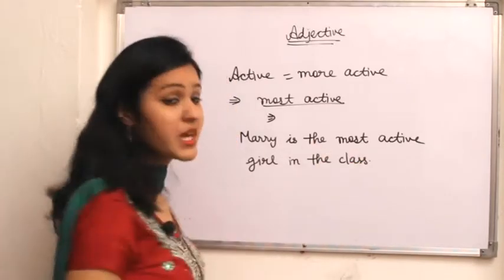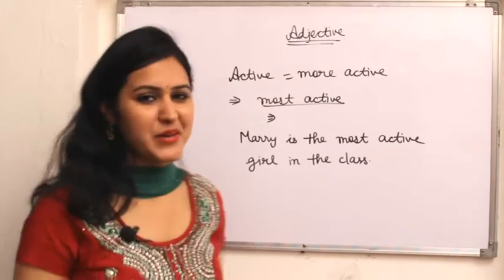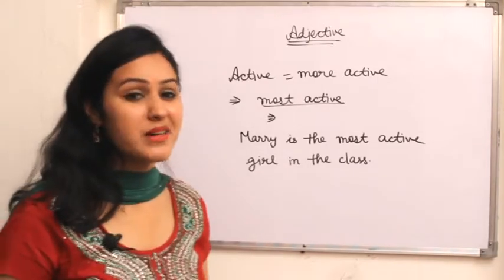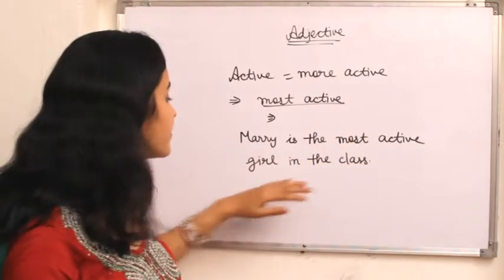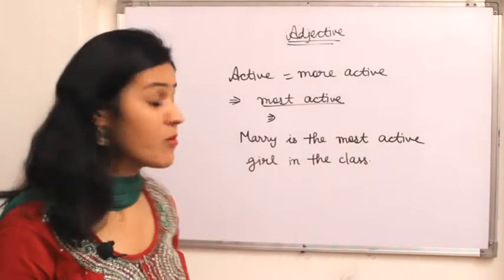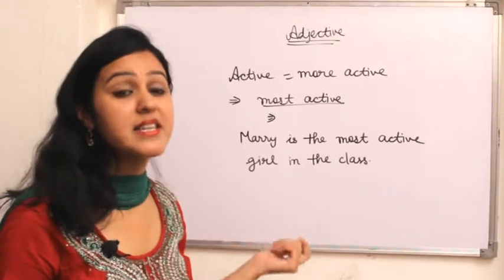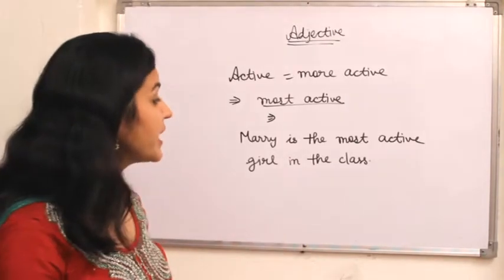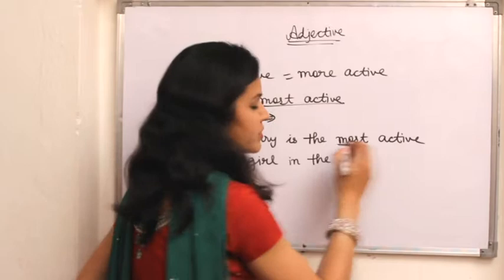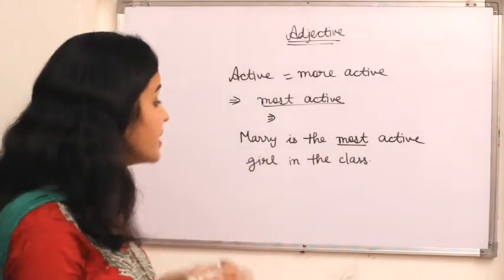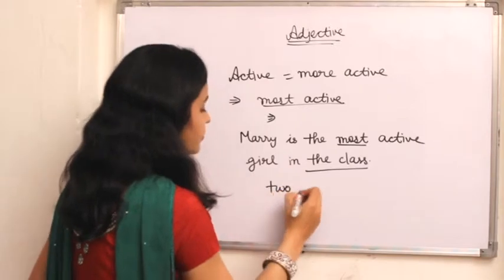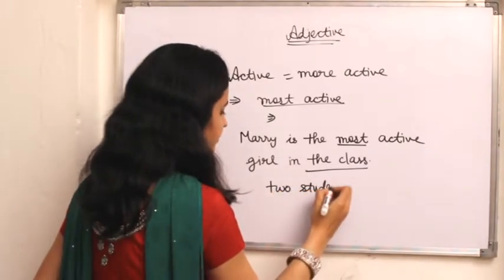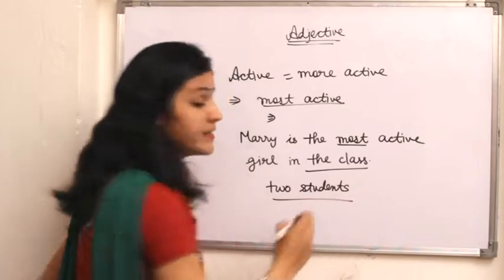So here I use Mary. So Mary is a person. Okay, so Mary is the most active girl in the class. So by using a noun and a person's name, I utilize here most, because now there are more than 2 students in the class.